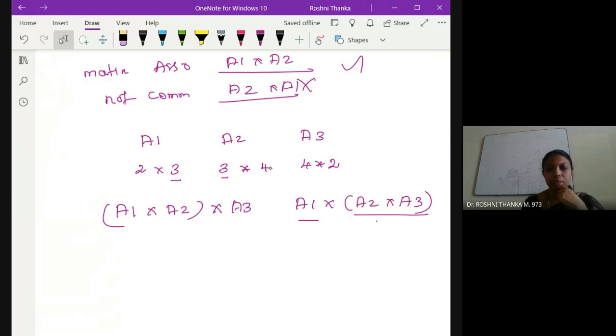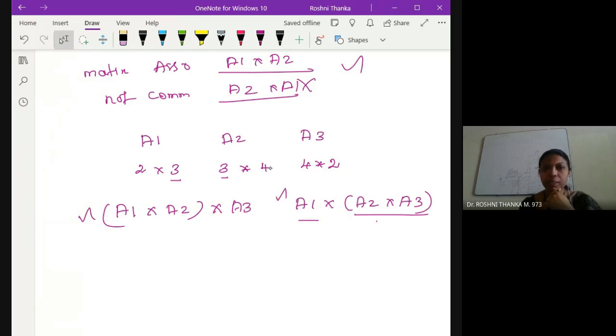Similarly, now we have to think. Already I told you our objective is not to multiply the matrices. Our objective is to find which combination or which kind of parenthesization will give you a low cost multiplication. That is what we want to find. So if I multiply in this fashion, will I get low cost?